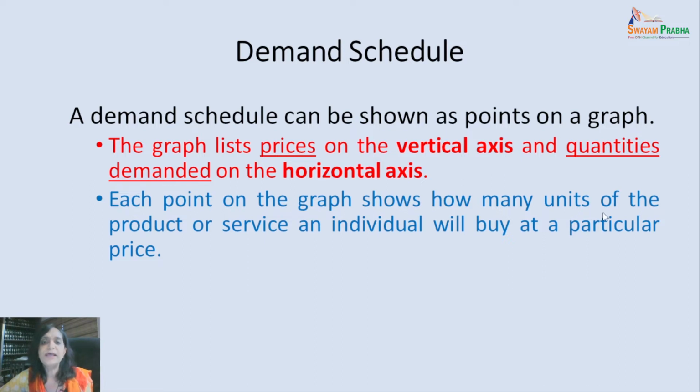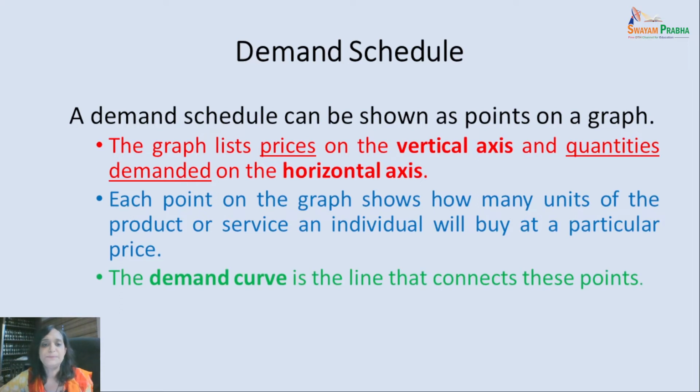Each point on this graph shows how many units of the product or service an individual is willing to buy at a particular price level. When you connect these points, which you have listed from your demand schedule, you get a curve. That curve is called a demand curve.